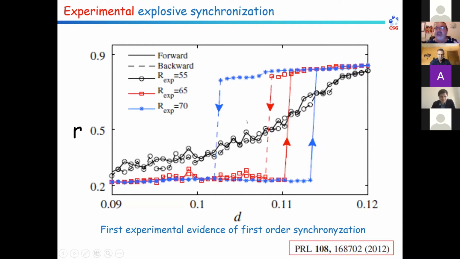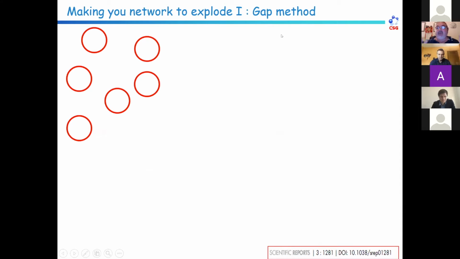So the issue is, how can you make a general proof that a first order like transition, that is explosive synchronization, this jump, can occur generically in a network of Kuramoto oscillators? The first step we did is to demonstrate first that, remember that we have two ingredients of the cake.